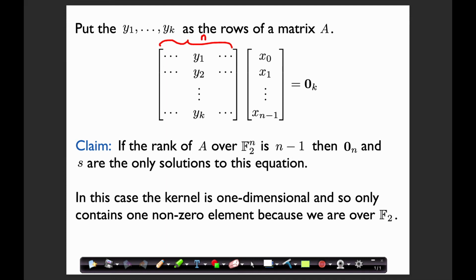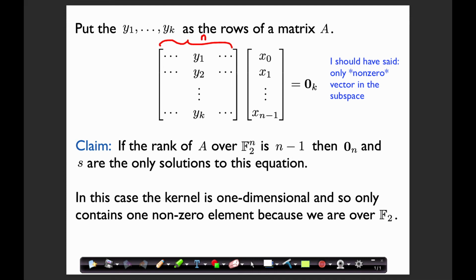So here we have this one-dimensional subspace of F2 to the n, and we know that s is in that subspace, and therefore s must actually be the only nonzero vector in that subspace.